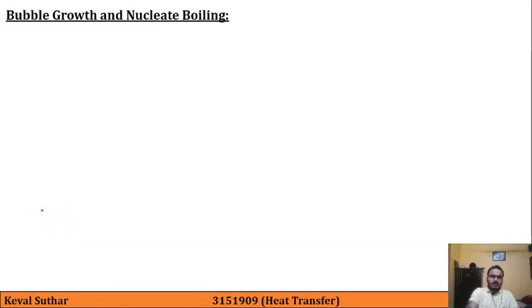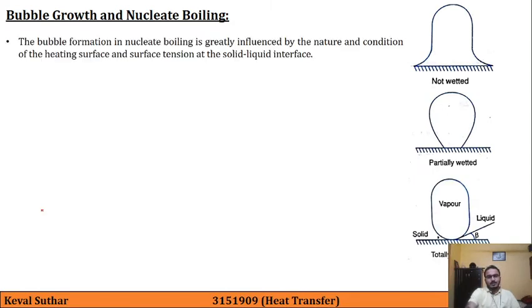Now bubble growth in nucleate boiling. The bubble formation in nucleate boiling is greatly influenced by the nature and condition of the heating surface and surface tension at the solid-liquid interface.